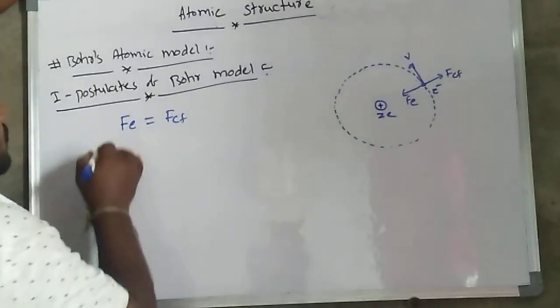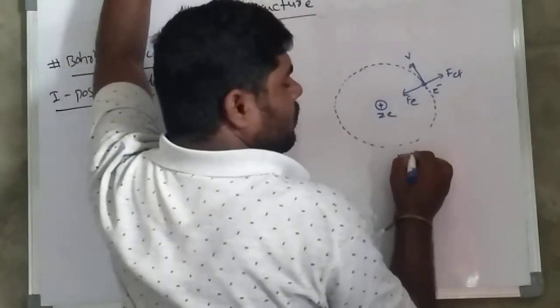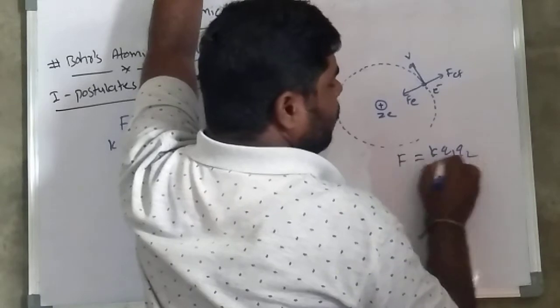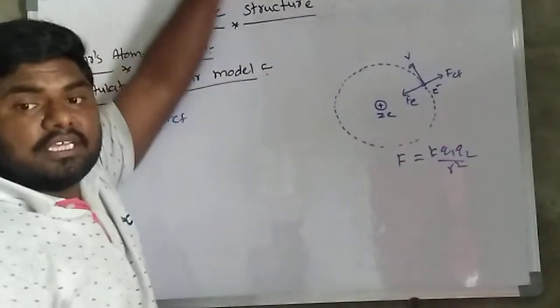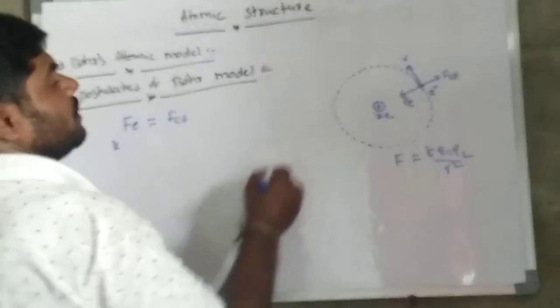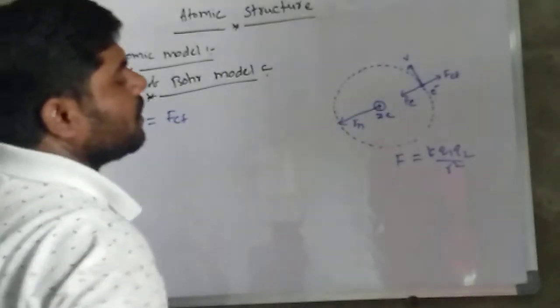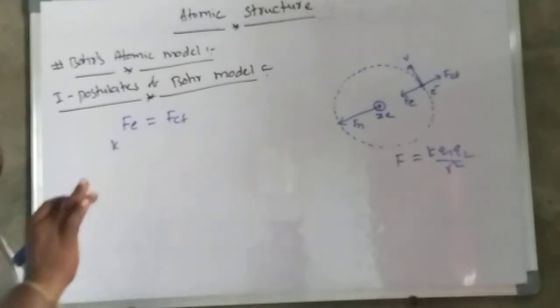Electrostatic force is given by the general Coulomb formula: for two charges, force is equal to K Q1 Q2 divided by R square. Let us consider the nth orbit with radius Rn.